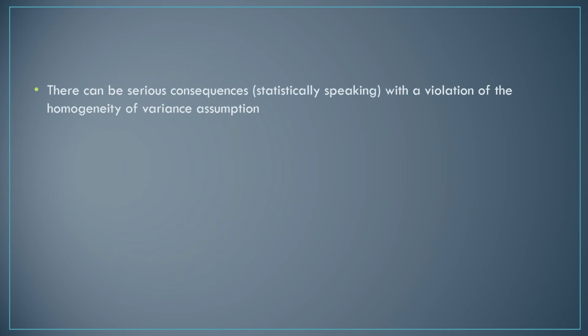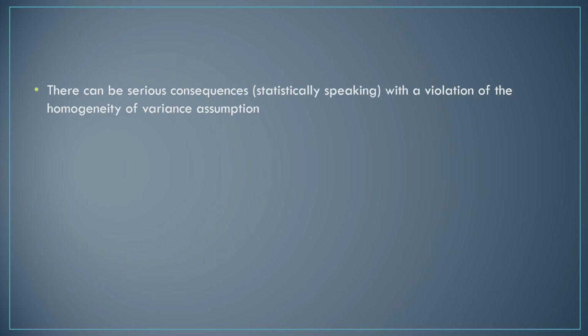This assumption of homogeneity of variance of your errors is actually one of the most important assumptions to be met for ANOVA, because you really can have serious consequences if you have a violation of the homogeneity of variance assumption.